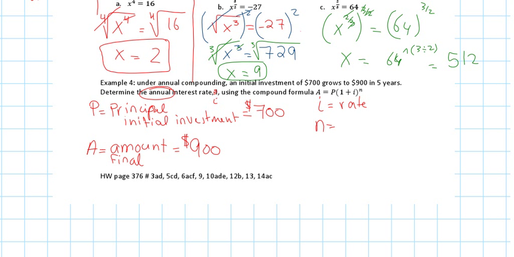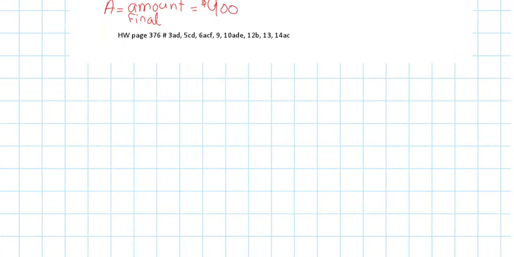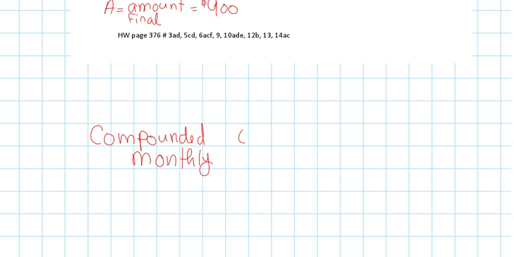Okay? So what that means, side note, don't write it here, is let's say I have compounded monthly. How many months do I have per year? 12. So let's say if I have 5% compounded monthly, my I is 5%, right?